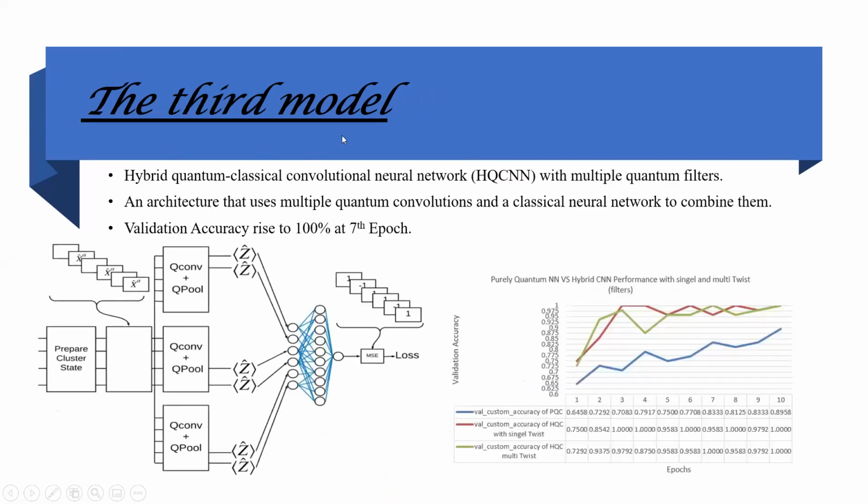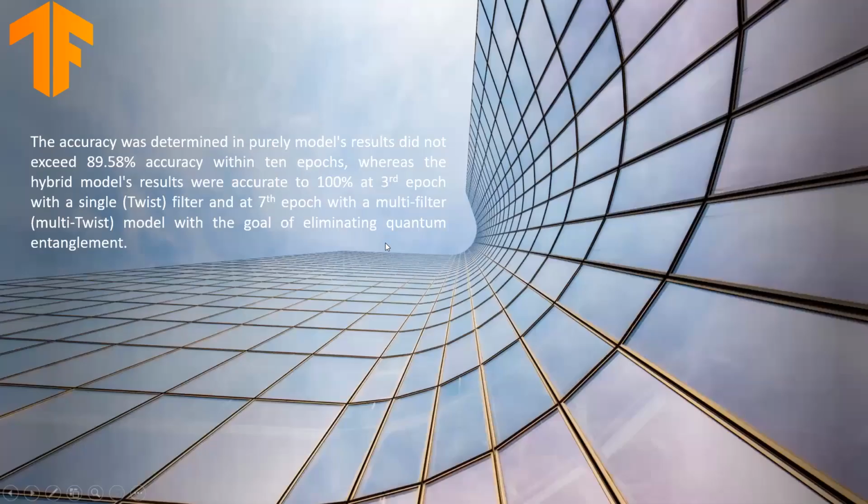The third model, called a hybrid quantum classical convolutional neural network with multiple quantum filters, is an architecture that uses multiple quantum convolutions and a classical neural network, and can combine them, and the result could be validation accuracy rising to 100% at the 7th epoch.